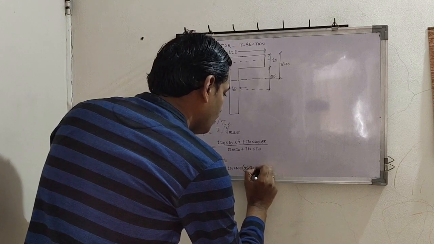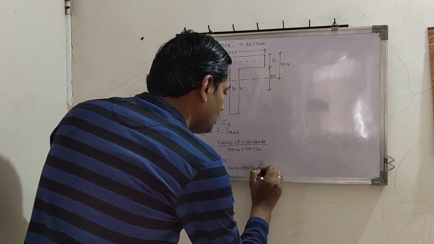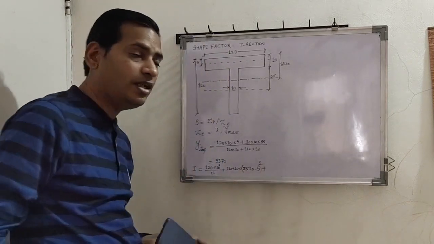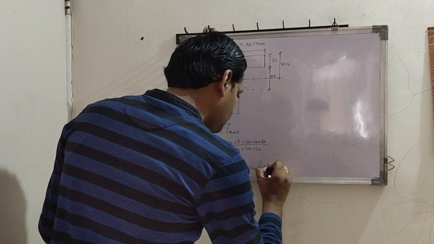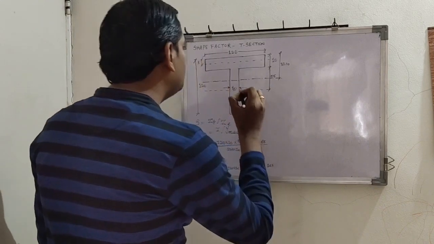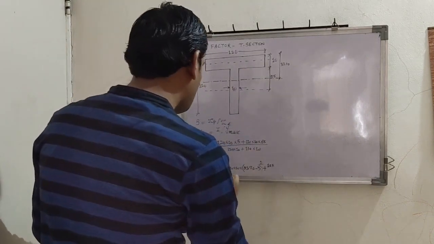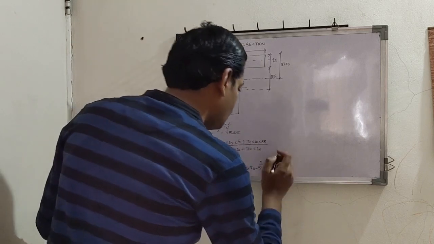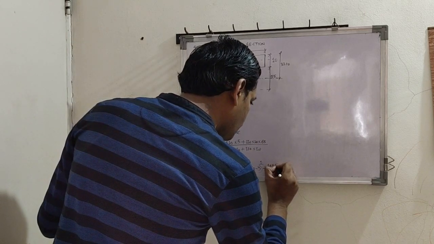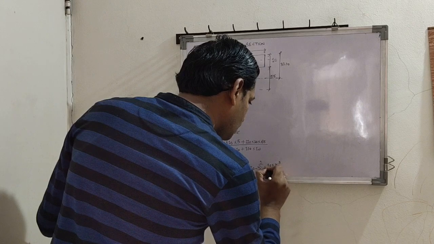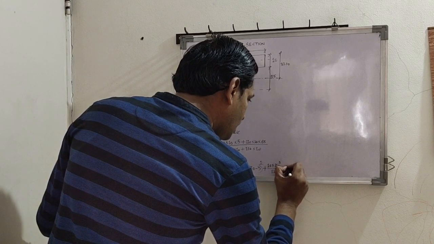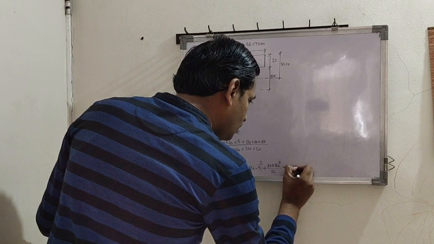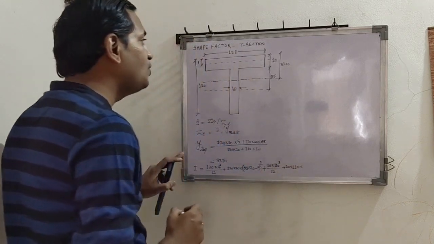So 33.7 minus 5 square. This is the first area. Second area: 10 width into depth is 110. Correct? Depth is 110. So BD cube by 12 plus AH square: 10 into 110 into what is H?